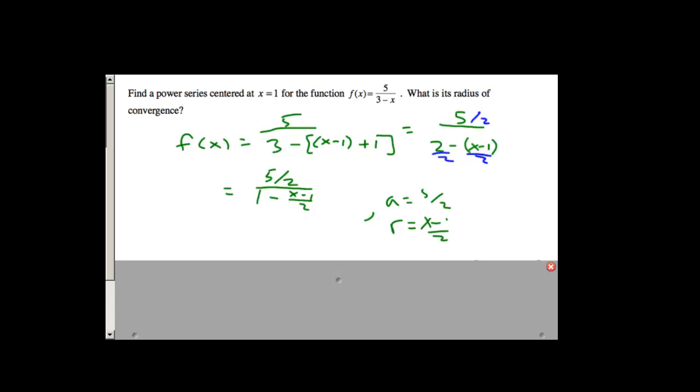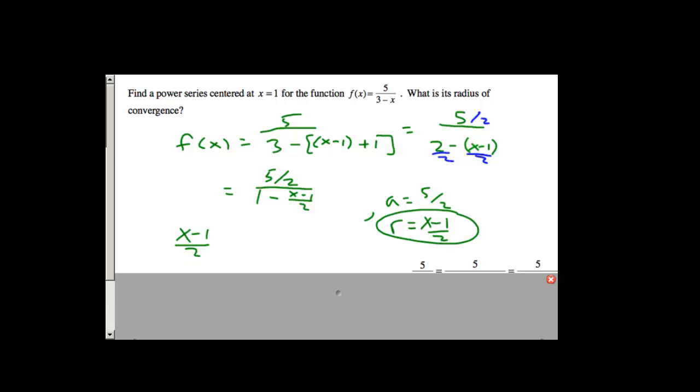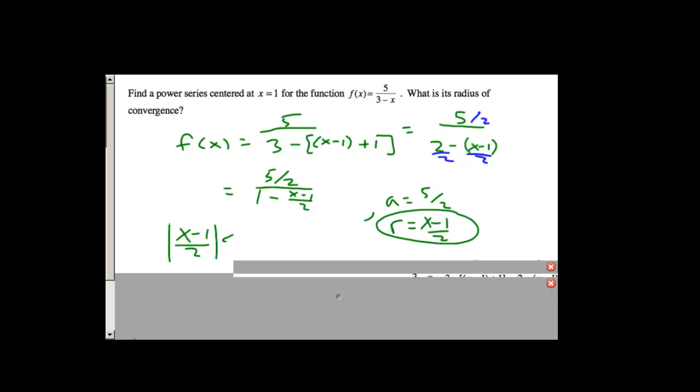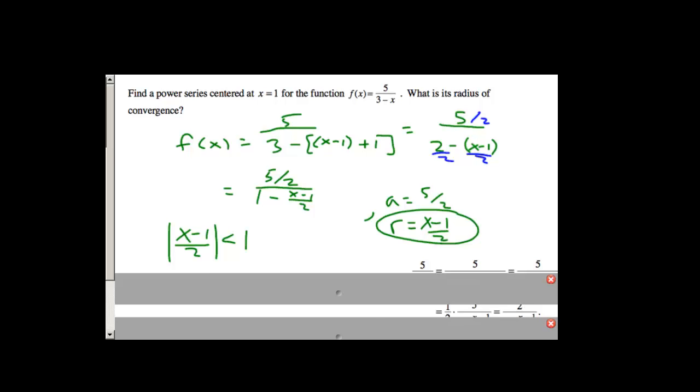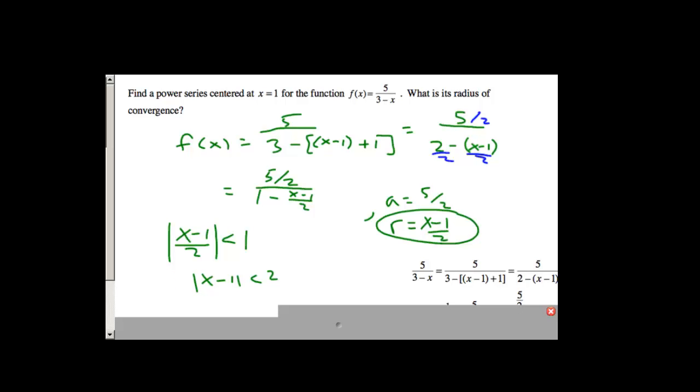So what's the radius of convergence? Well, we know that our r value, x minus 1 over 2, must, absolute value, be less than 1. And therefore, if we were to expand this, we get that x minus 1, absolute value, must be less than 2, and x must be between 3 and negative 1.